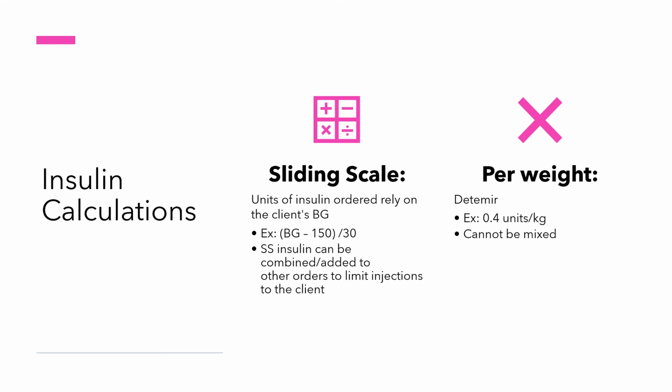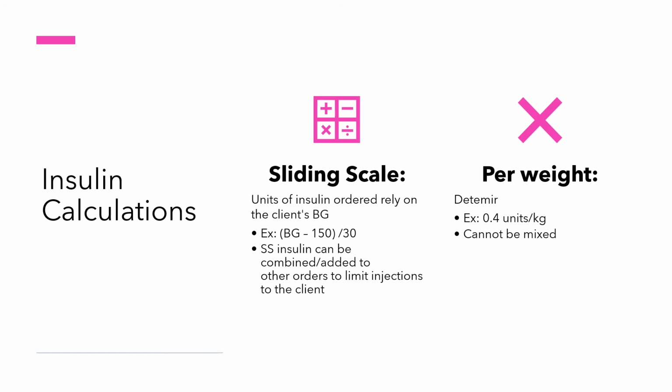So usually your rapid acting and short acting will be based on a sliding scale. So this is going to rely directly on what the client's blood glucose level is. The example here would be your blood glucose minus 150 divided by 30.